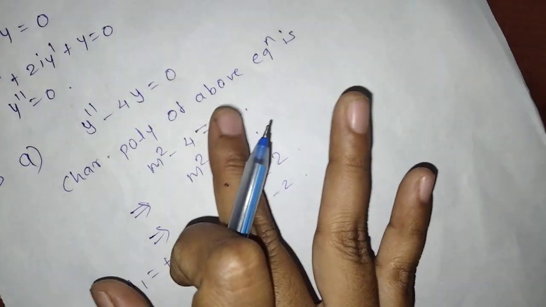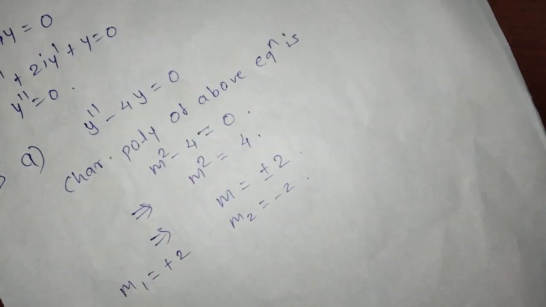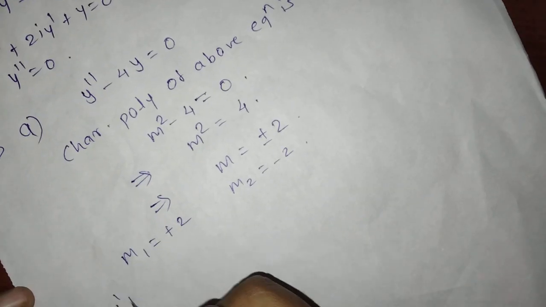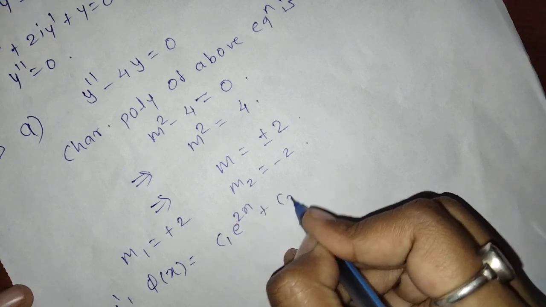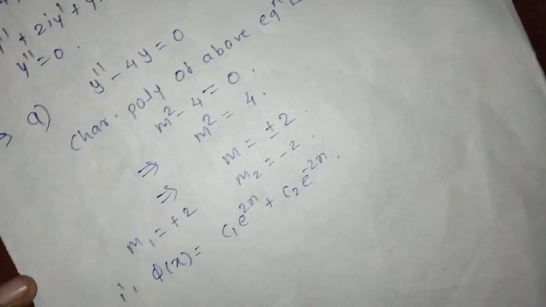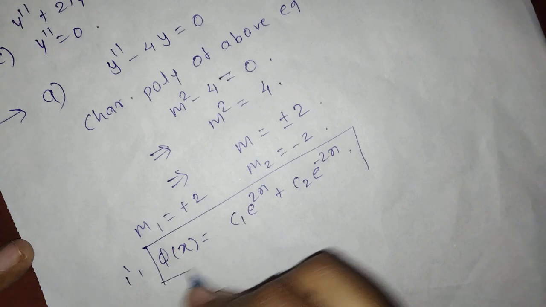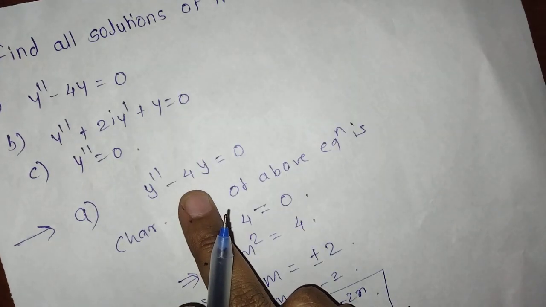The roots of this equation are distinct. So phi of x is equal to c1 e raised to 2x plus c2 e raised to minus 2x. This is the solution of the given differential equation y double dash minus 4y equal to 0.